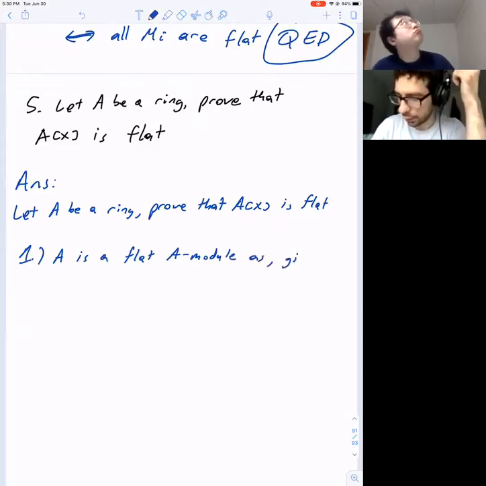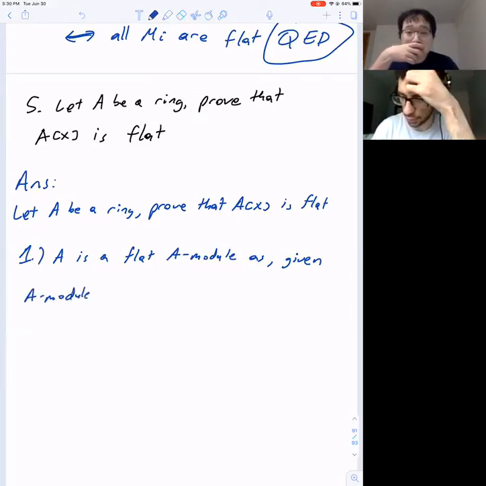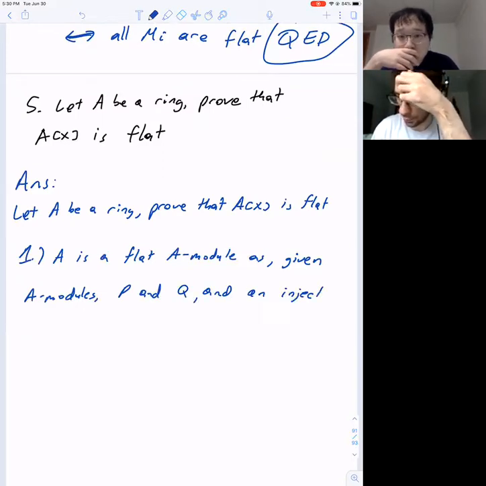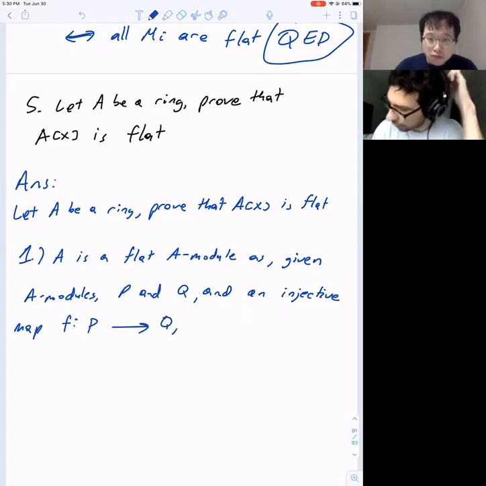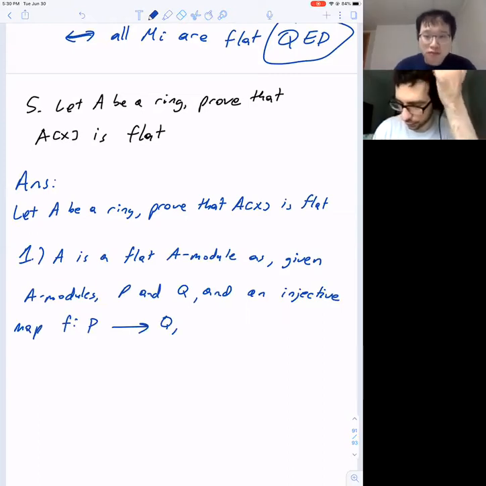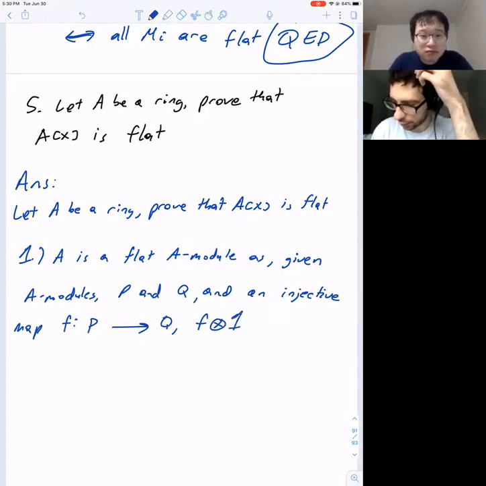As given, let's say A-modules P and Q, and an injective map F going from P to Q, we have that F tensor 1A is also injective.